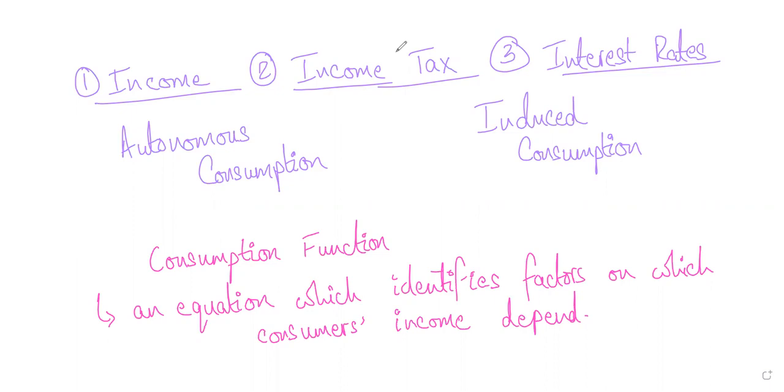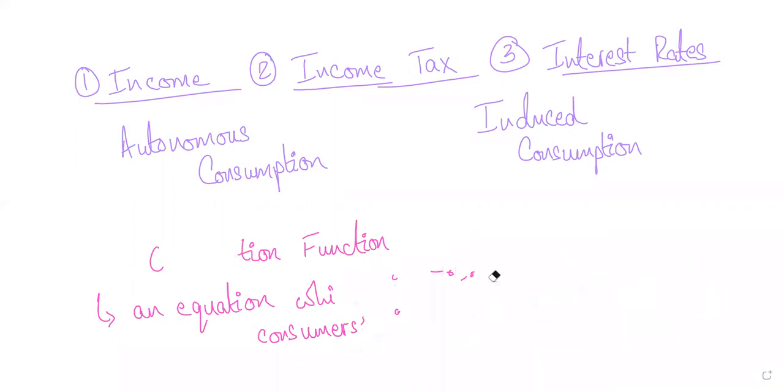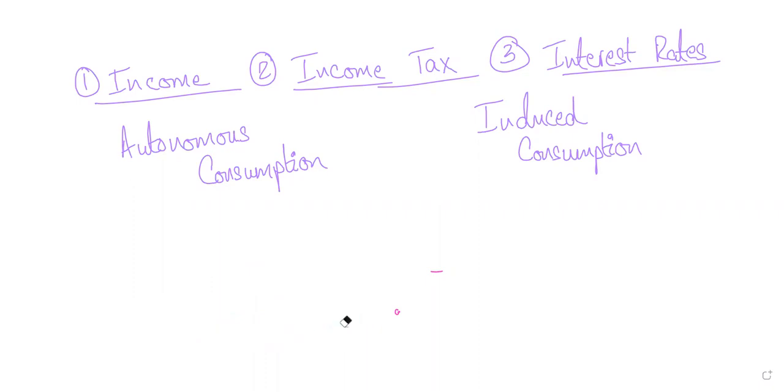So induced consumption, think about this. Induced consumption is the component of consumption that is dependent on consumers' income. I repeat myself. Induced consumption is the component of consumption that is based on or dependent on consumers' income. Let's write this down. Component of consumption based on consumers' income.